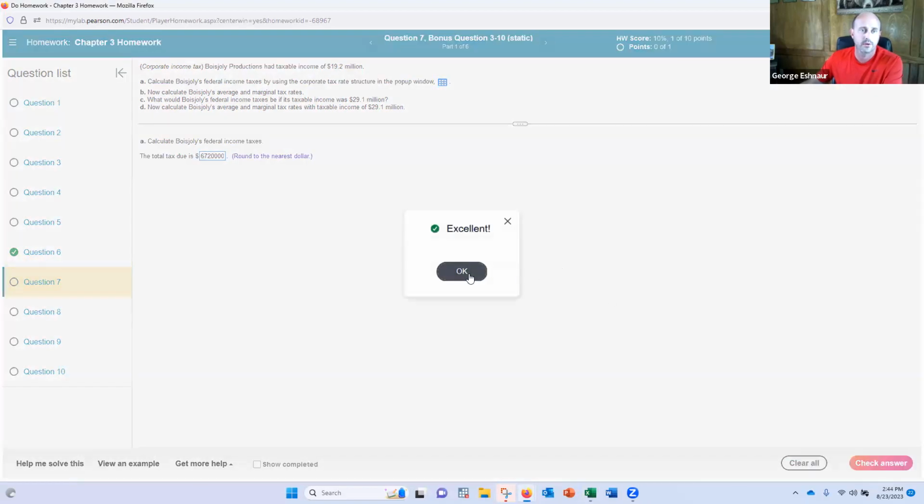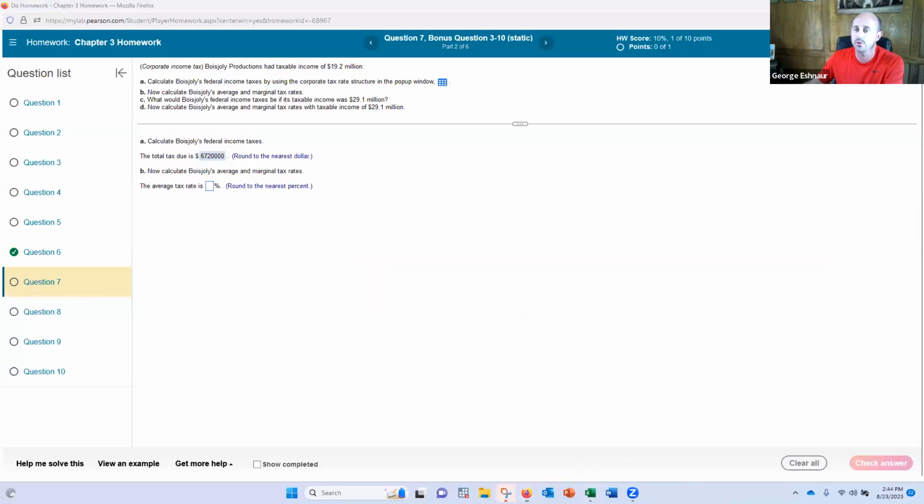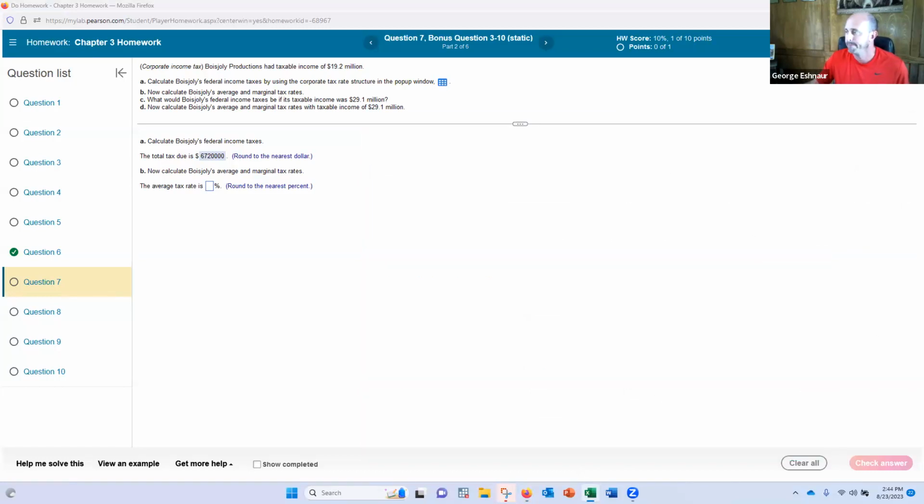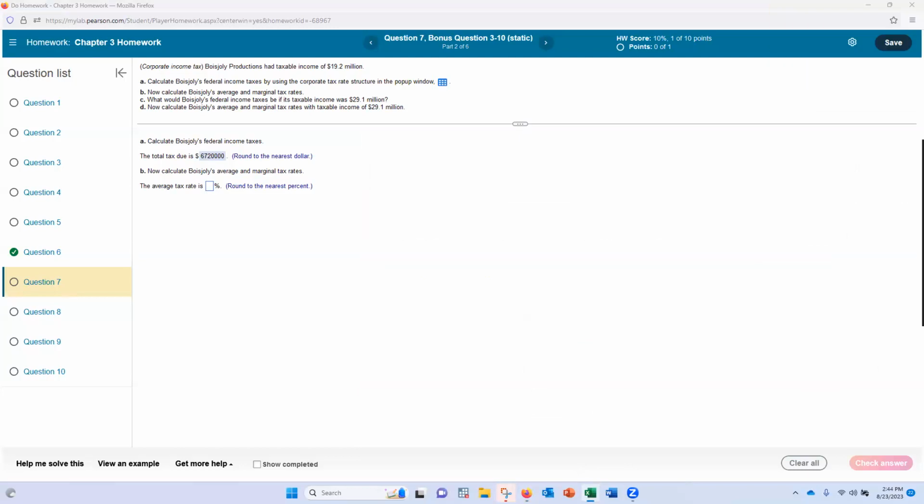All right, great. What's the average tax rate? So what was the average tax rate that we paid? How can we figure that out? Any ideas? Taking the amount that you paid in total in taxes and dividing it by your total income.